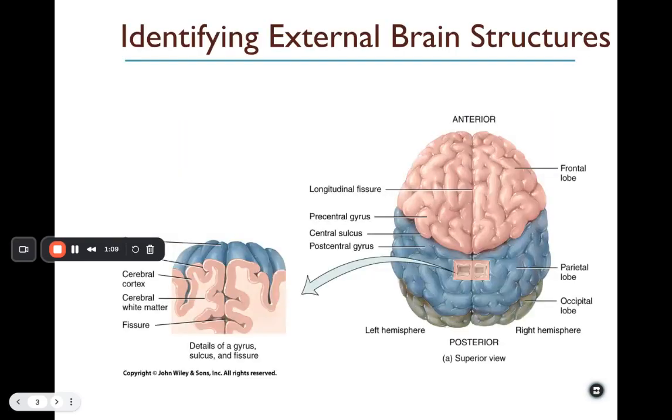The brain itself is divided into major sections. Those sections are distinguished as lobes. Those lobes can be identified by some major features like grooves or folds. Some of the major grooves or folds help distinguish the brain features.